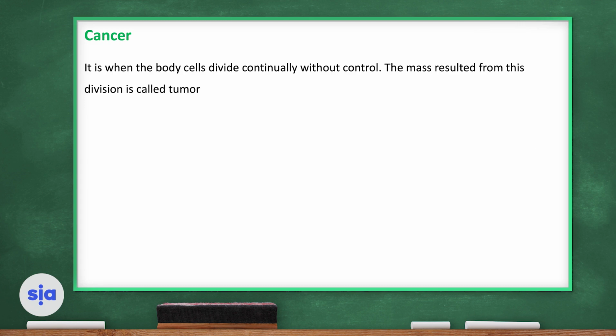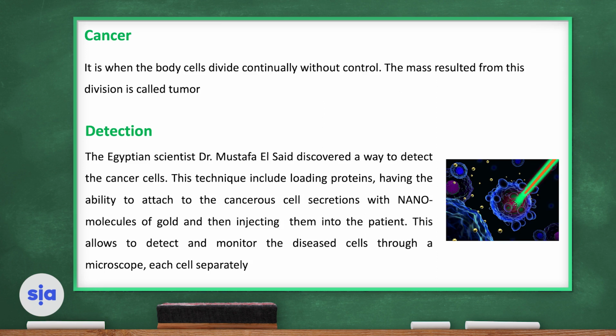Let's talk about cancer. It's when the body cells divide without control. The mass resulting from this division, the doctors call it a tumor. How could it be detected? Let me tell you that the Egyptian scientist, Dr. Mustafa Said, discovered a way to detect the cancer cells.